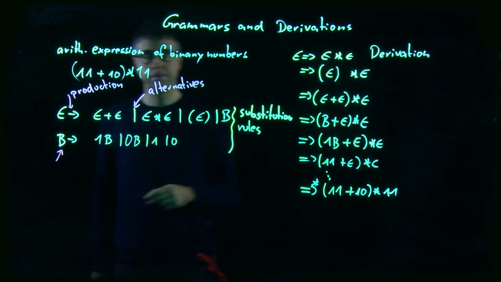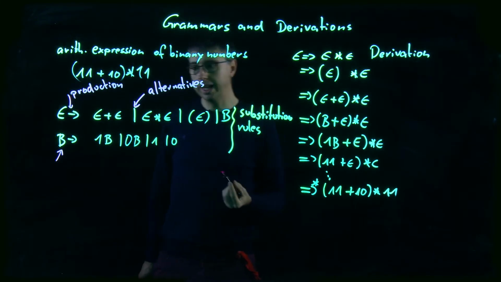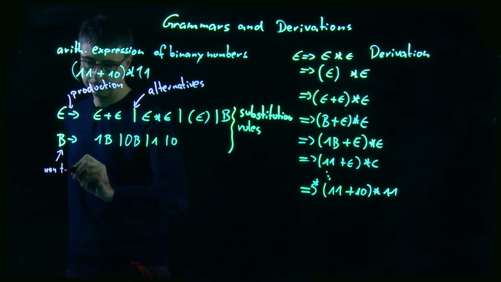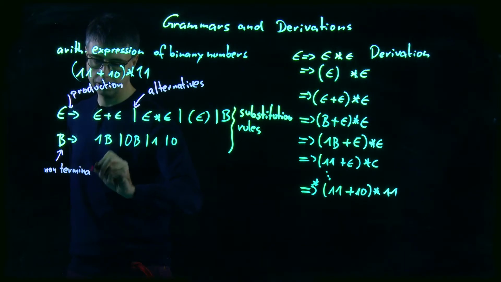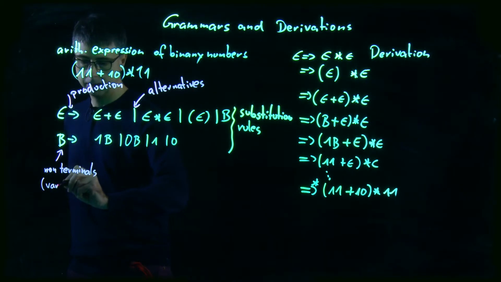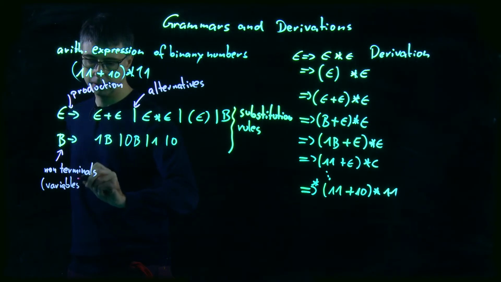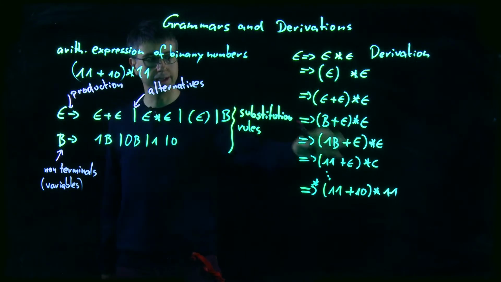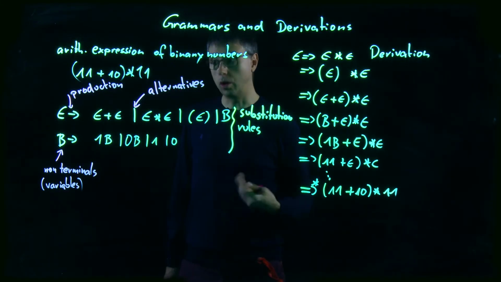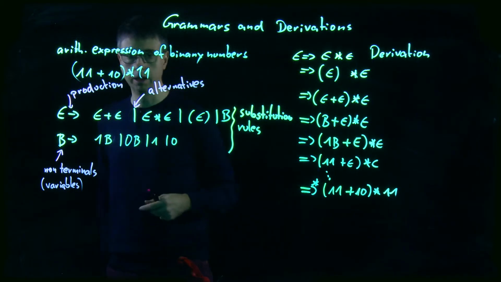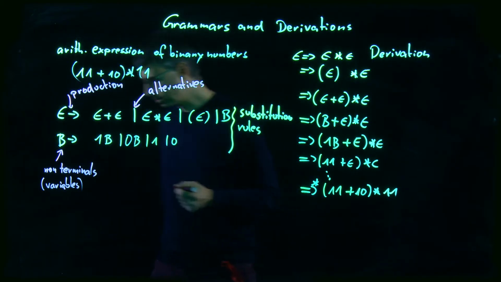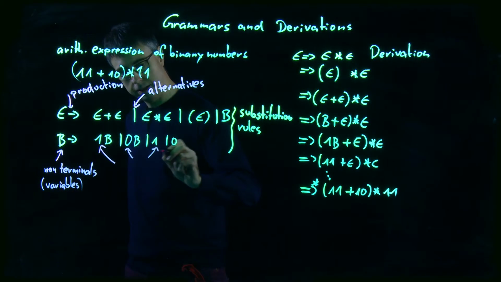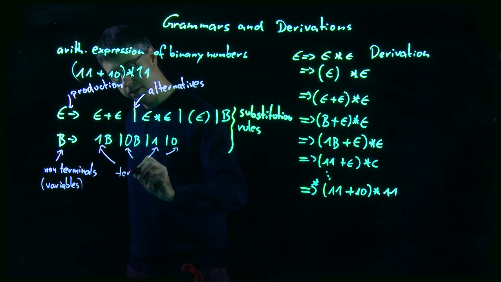The uppercase letters are kind of variables, and they have a special name. They are called non-terminals or variables. The idea is that as long as we have non-terminals in our sentential form, then we have to go on to apply the production rules, the substitution rules. The 1 and the 0 are called terminals.